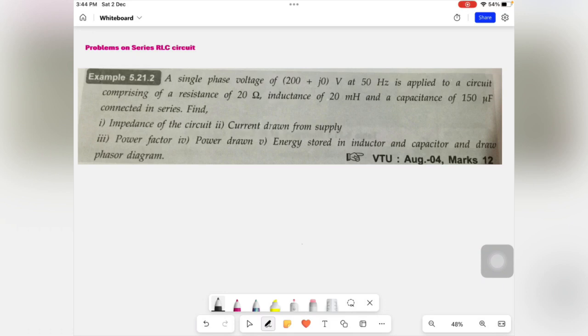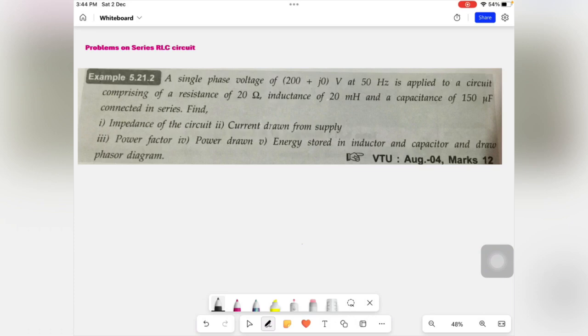So the problem goes like this. A single phase voltage source having a voltage of 200 plus J0 volt. Here the voltage is given in rectangular form, so we can write this voltage in polar form also. At 50 Hz, it is applied to a circuit comprising a resistance of 20 ohm, inductance of 20 millihenry and a capacitance of 150 microfarad connected in series.